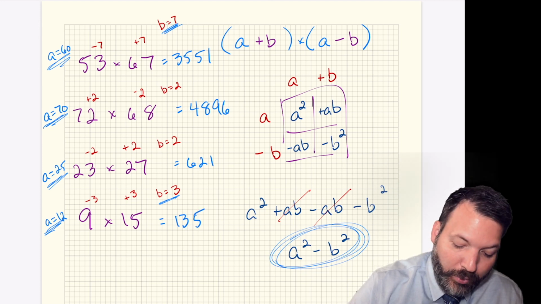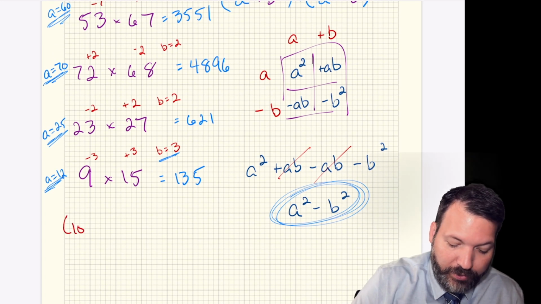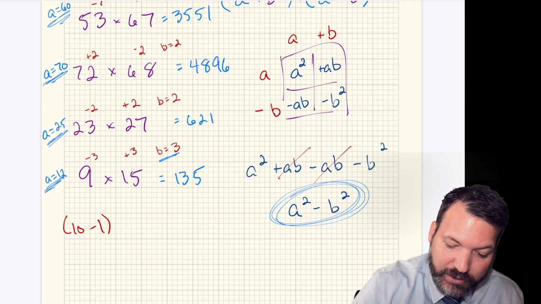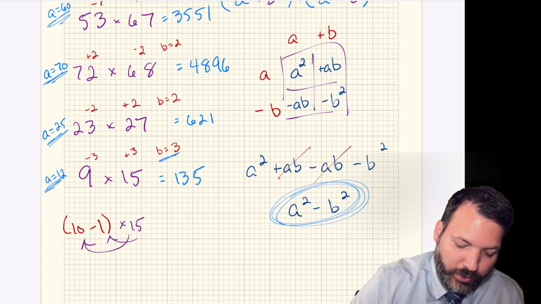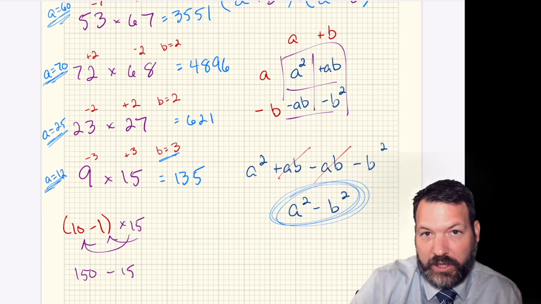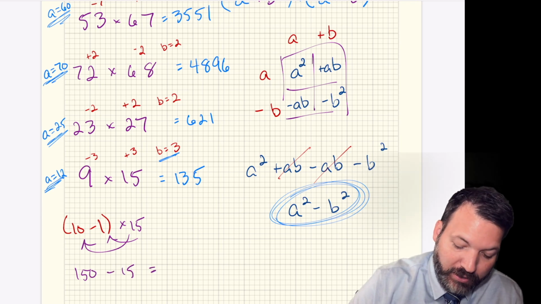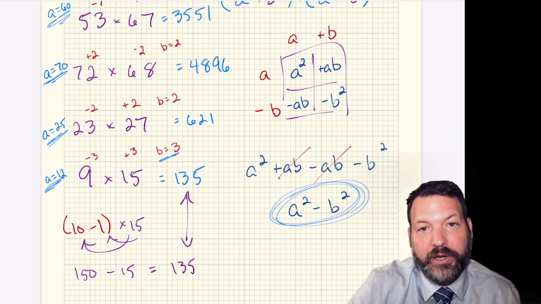I might remember, oh wait, we had a different way to multiply stuff by 9. When we were talking about the distributive property, we said 9 is the same thing, of course, as 10 minus 1. And so really, when I distribute, this is going to be 10 15s minus 1 15, or 150 minus 15, which is, of course, also going to give me back 135.